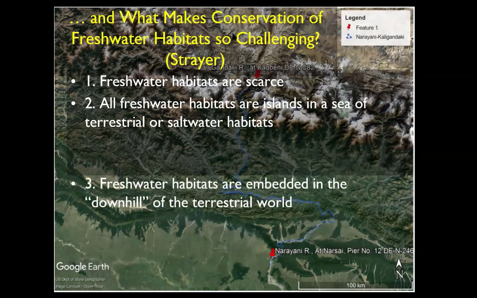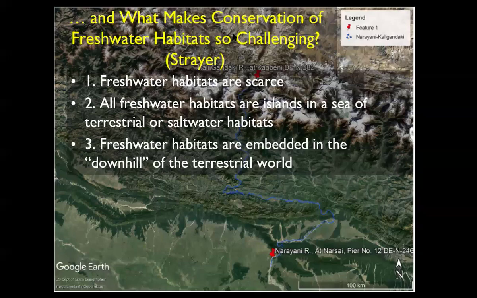Exactly, yeah. So they're at the downhill end of the terrestrial world. You know what they say flows downhill, right? Everything, all the bad stuff flows downhill. And that's where you find the river. That's where you find the creek. So in the watershed, you might find terrestrial spots that are not impacted, right? Say we've got a watershed that's 70% farm.